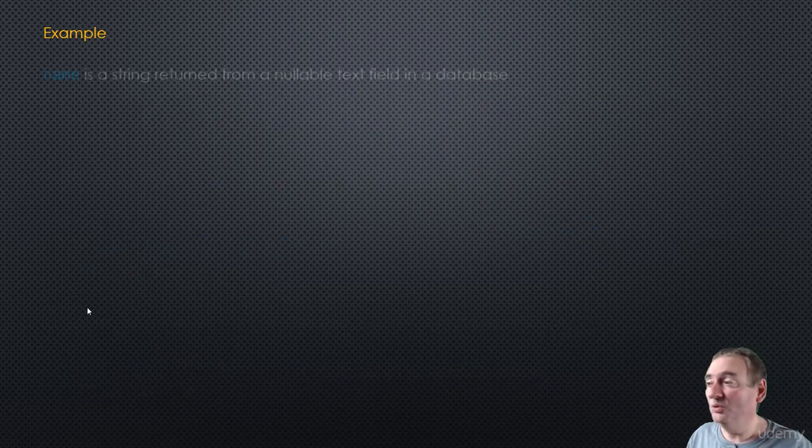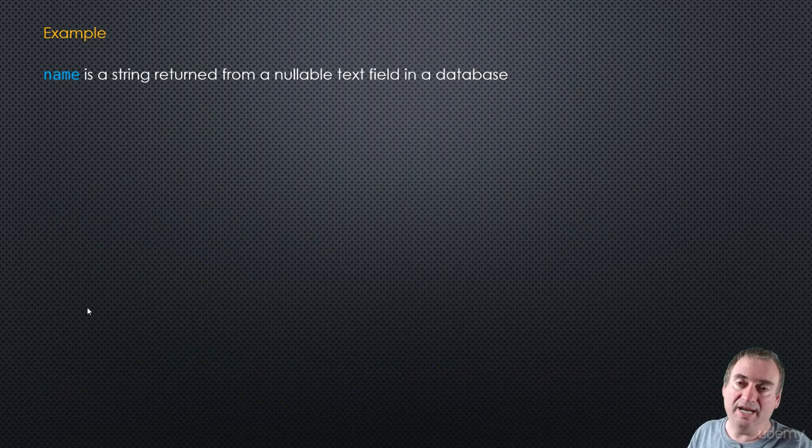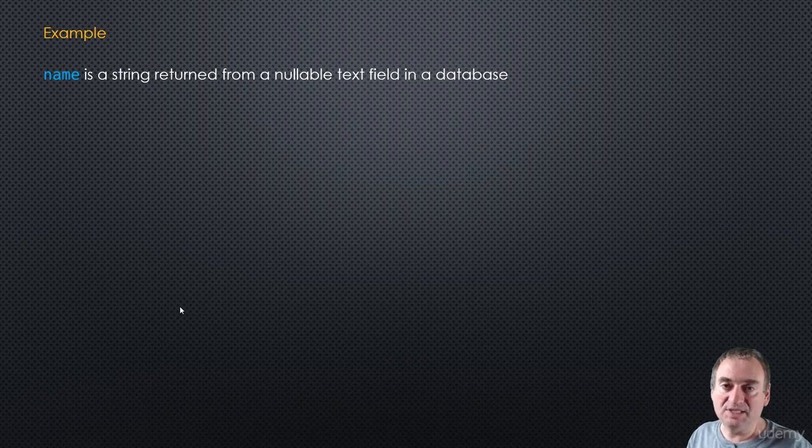All right, another example might be, let's say you're returning a name from a database, and let's suppose that it's a nullable string. So your name can be in 3 different states, right? It can be a null, which means that typically you would end up with a None object in Python. It kind of depends on the database connections you're using, or at least the database API, the library, and so on.